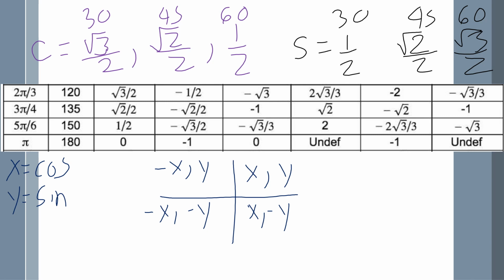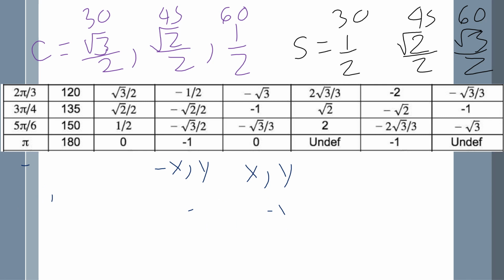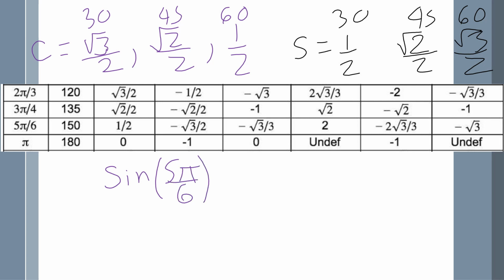So let me ask you a question on this. Again, I have the table for you, and the table is for you to memorize, cool, but you got to try to understand it too. So what if I was to say sine of 5 pi over 6? I don't have a 5.